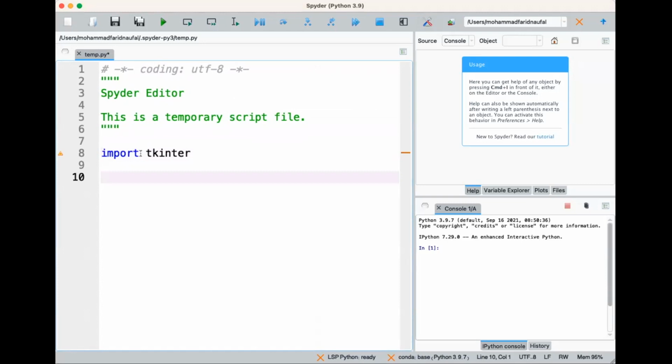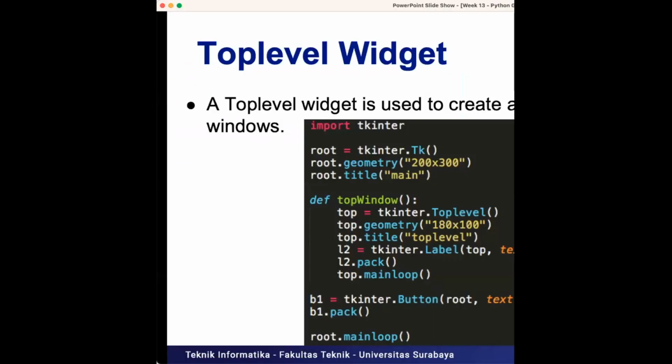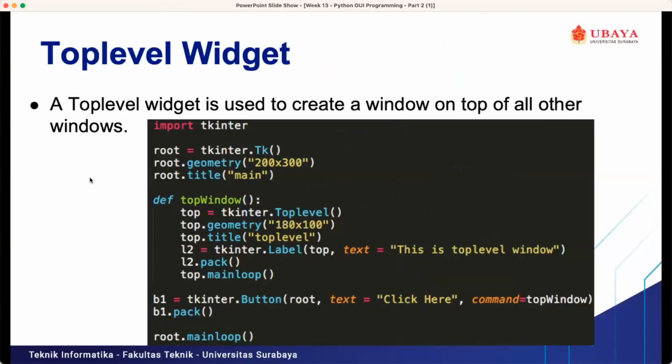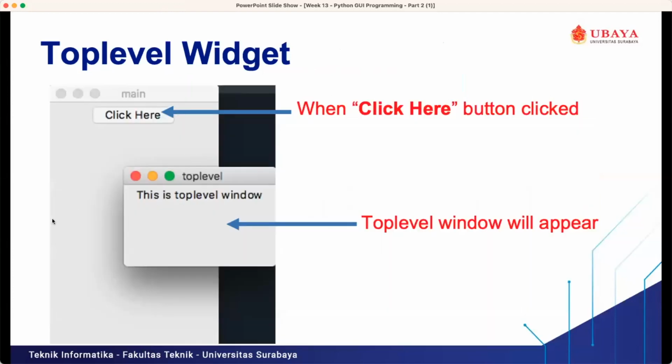Then we create the main form, and we name it root. So root represents the main form, right? This is the root form, and this is the top form. So first thing that we need to do, we create the root form first, the main form first. And in this case, we put this form into the root variable.